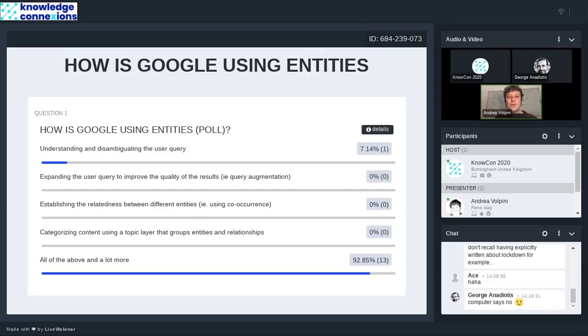And in reality, all of the above are ways in which Google is using entities.